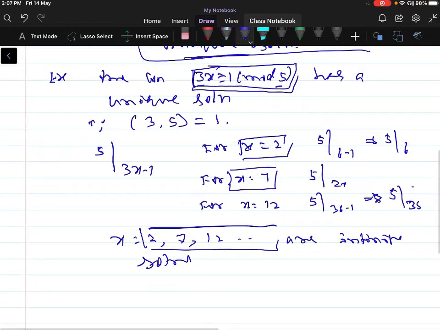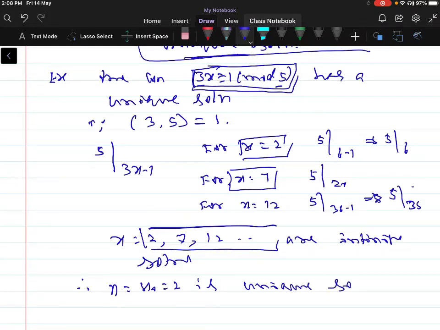So therefore x equal to x naught equal to 2 is a unique solution of the given linear congruence 3x is congruent to 1 modulo 5, since GCD of 3 comma 5 is equal to 1.